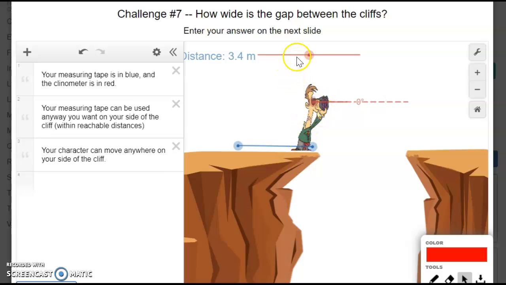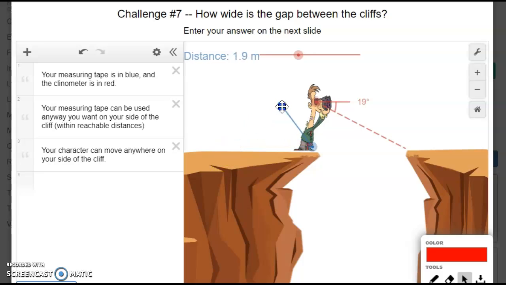And then I can change my angulation so that it is reaching right to the edge of the cliff. Maybe I'll move him a little closer to the edge. Okay, so maybe that is flush with the edge of the cliff, and then I know that that will reach the edge of the other side.